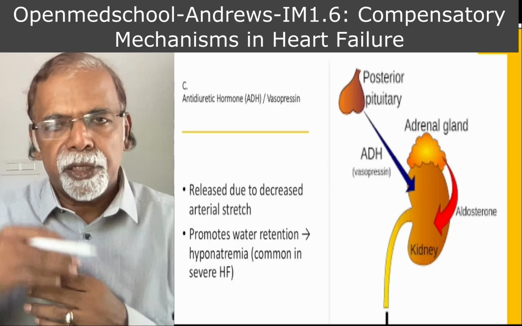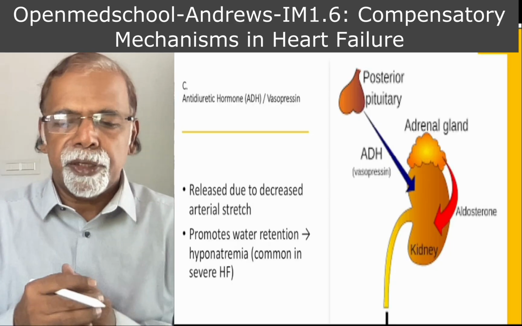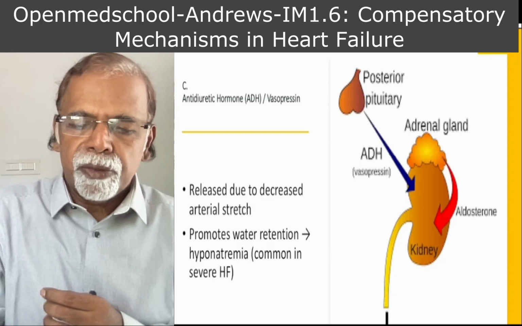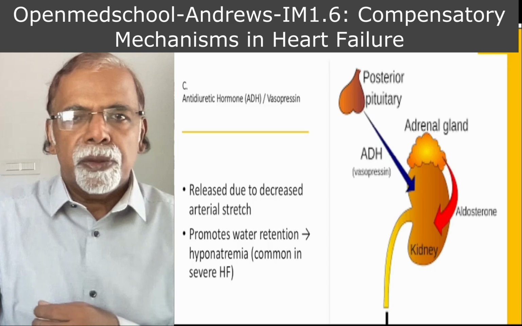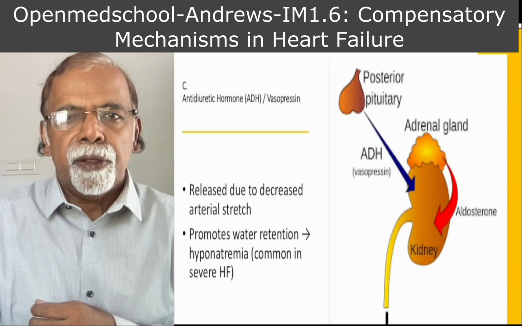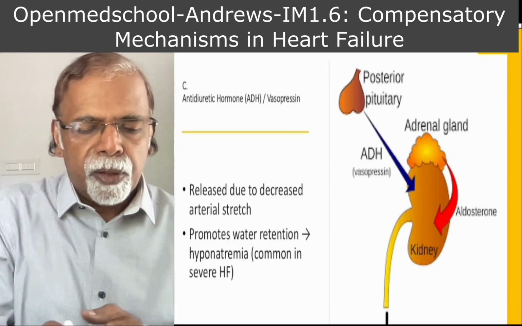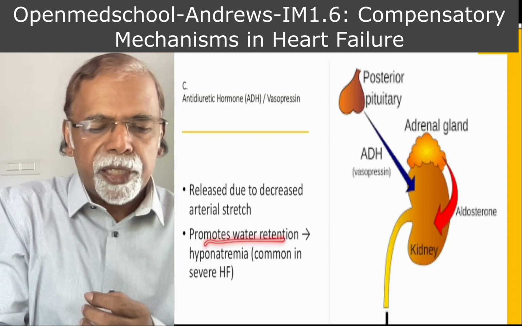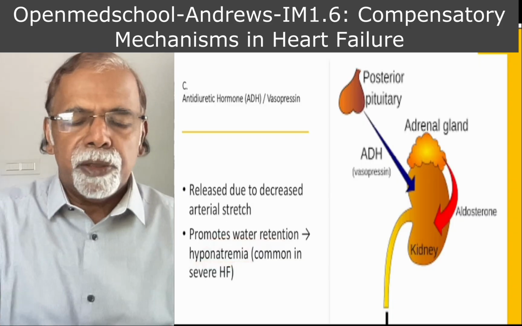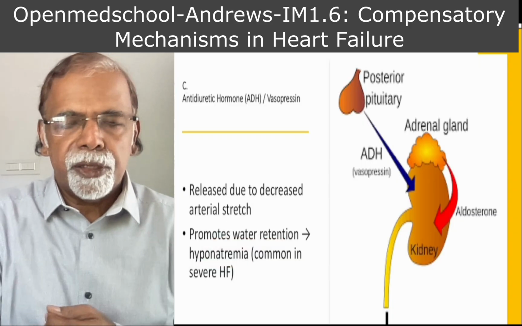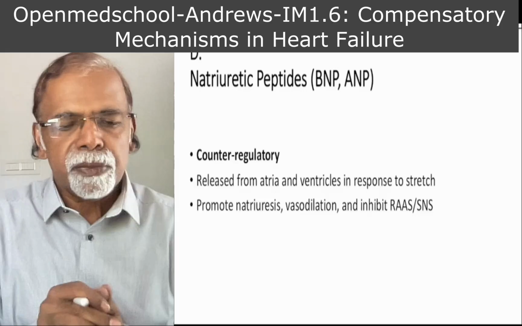The receptors send signals to the pituitary, and ADH is secreted. ADH acts on the kidney and will increase water retention. So remember, ADH secretion promotes water retention, and at the same time it produces hyponatremia. So syndrome of inappropriate ADH secretion is common in heart failure.